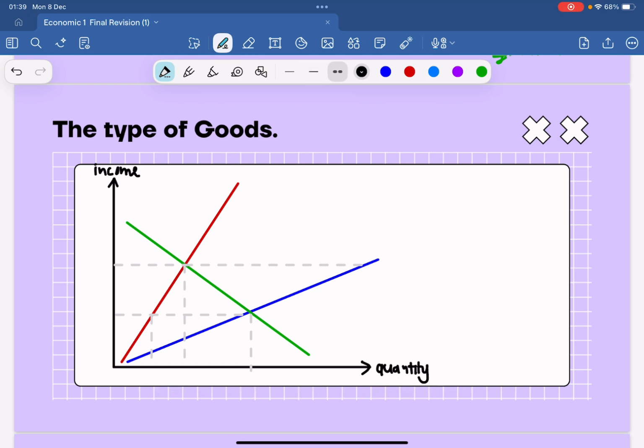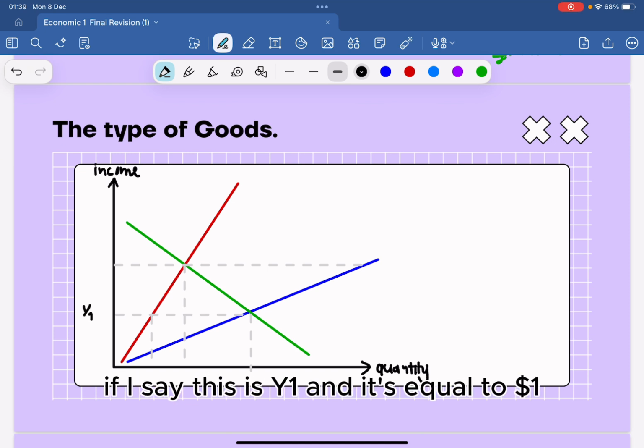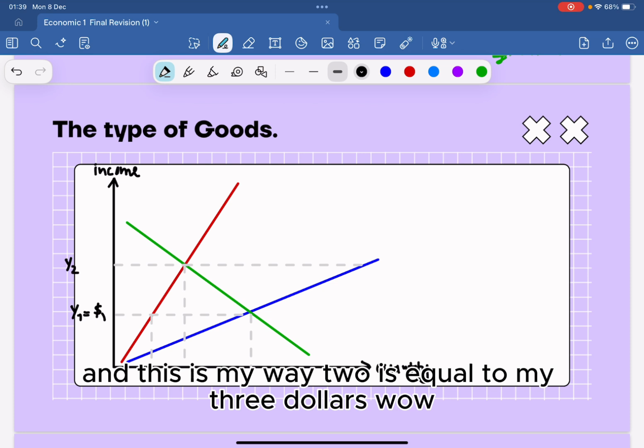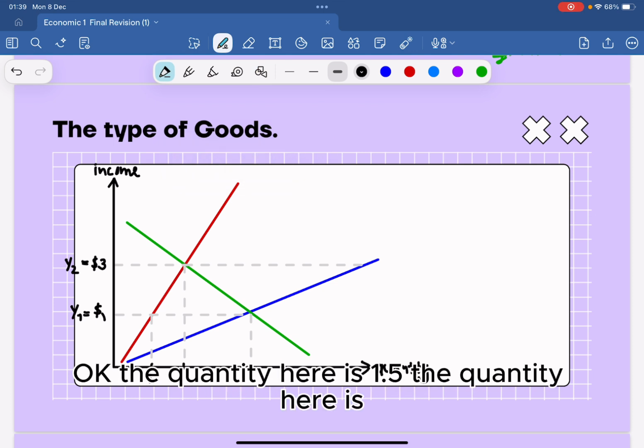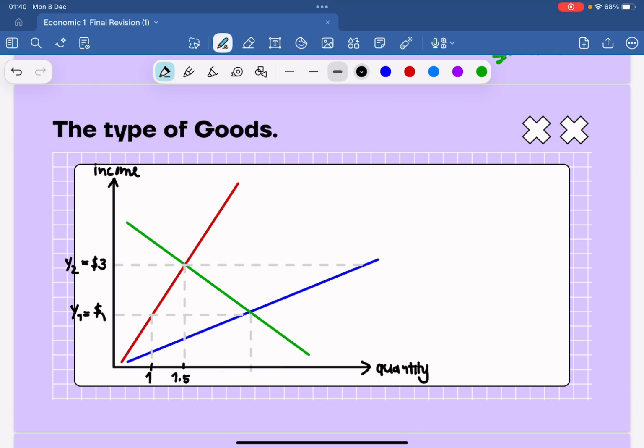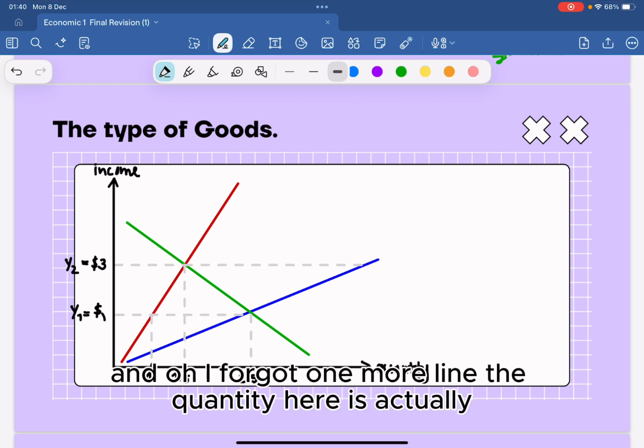So let's go back to our solid line. If I say this is y1 and it's equal to $1, and this is y2 equal to $3, while the quantity here is 1, the quantity here is 1.5, the quantity here is 2.5, and I forgot one more line.